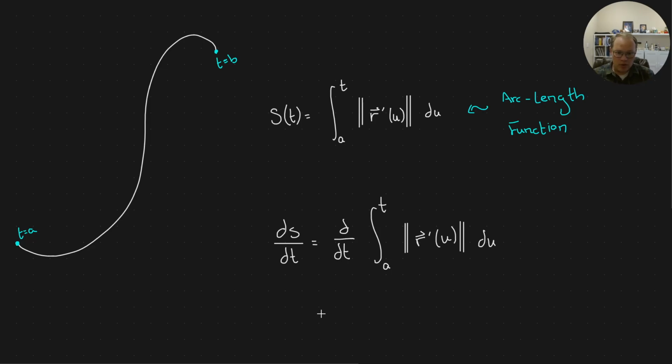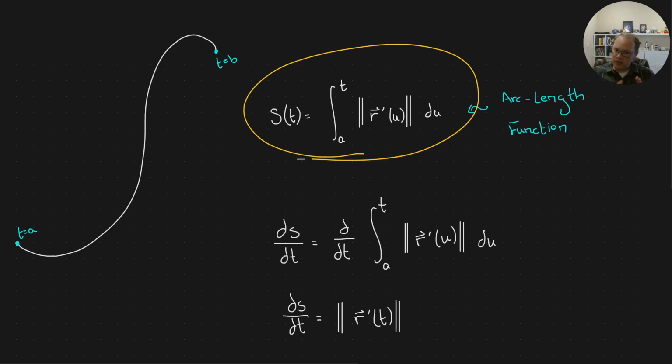So by the fundamental theorem of calculus, the derivative and the integral undo each other, and all I'm left with is the inside, using the actual variable instead of the dummy variable. So I end up with the norm of r prime of t. So for future reference, that is the derivative of the arc length function. It will come in handy later.